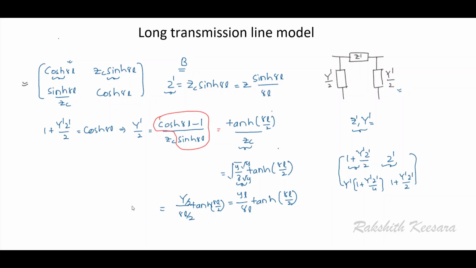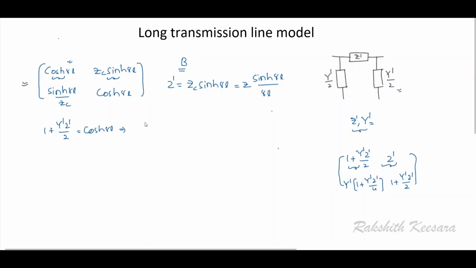So our final equation is Y by 2 tanh γL by 2 by γL by 2. Is this okay? Now I am erasing all this. This implies Y dash by 2 is equal to Y by 2 into tanh γL by 2 by γL by 2. So these are the Z dash and Y dash by 2 values that we obtained from this pi model.